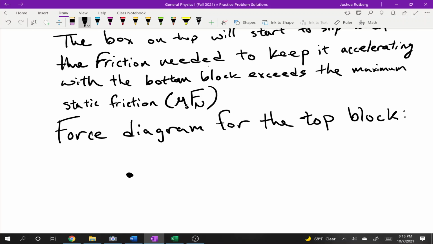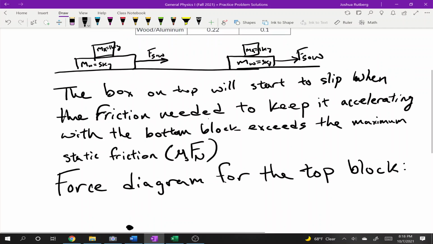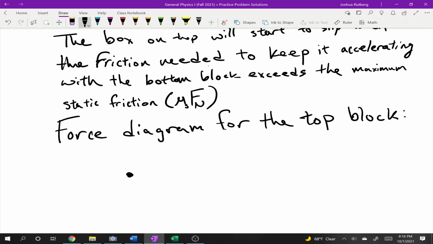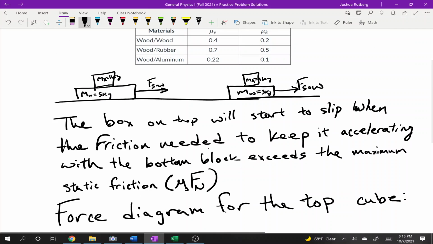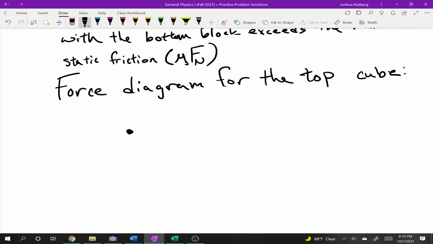What are the forces exerted on the top block? Well, I'm sorry, in the wording of the problem, this was called the cube, so that we can call the thing underneath it the wood. So the wood is interacting with the cube, and the earth is interacting with the cube.